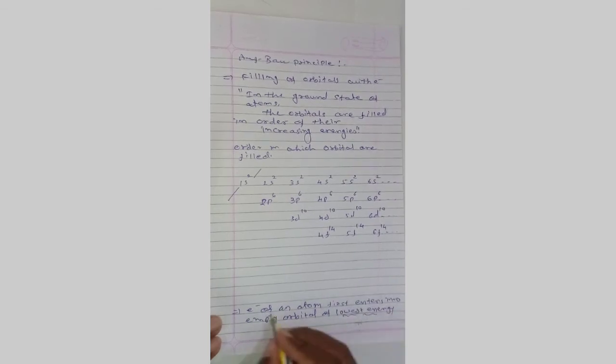Okay, so basically electrons first enter into lowest energy. When lowest energy orbitals are completely filled with electrons, then it enters into the orbital of higher energy.